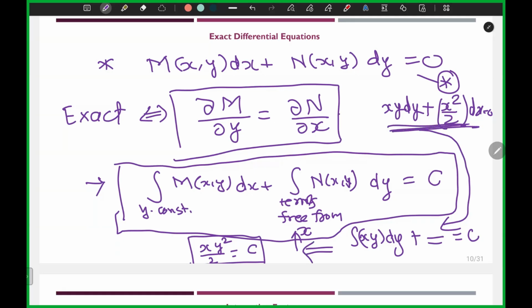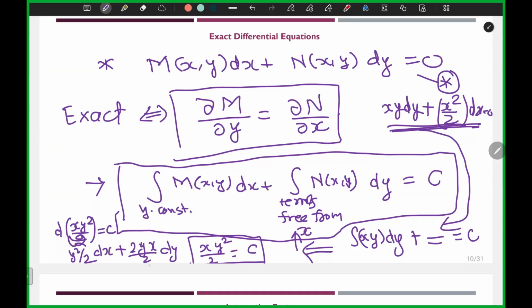You can check this as well. If we differentiate d of xy square by 2 equals c, this is the total derivative. Once we take the derivative with respect to x, it is y square by 2 dx, plus when we take the derivative with respect to y, it is 2y x by 2 dy.